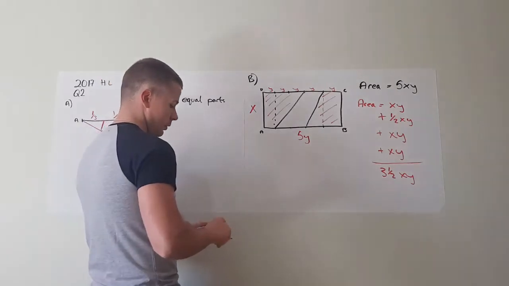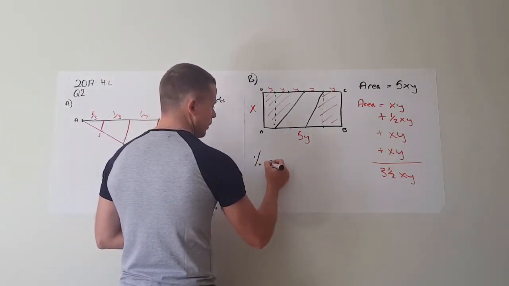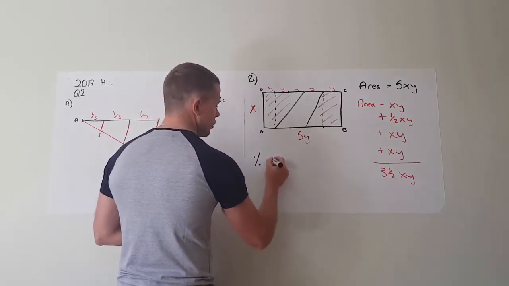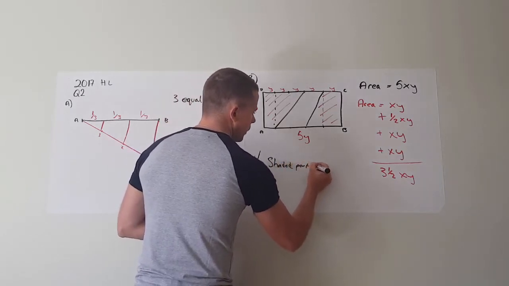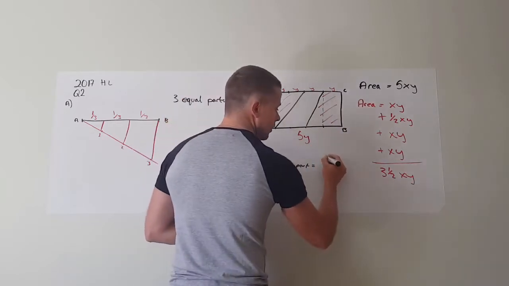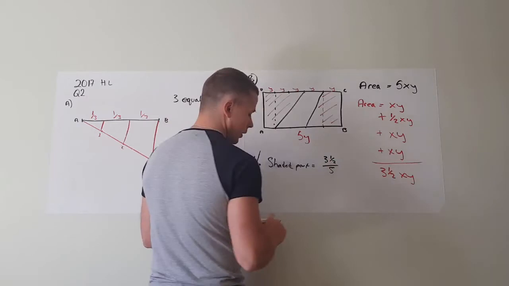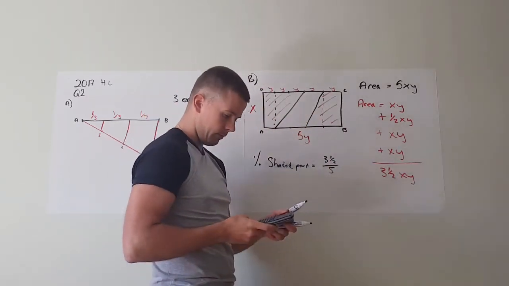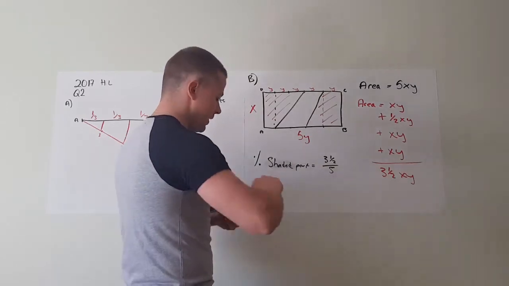So the percentage of the shaded part is equal to the shaded part all over the original. So 3.5 all over 5. Okay, and we're just into our calculators, which is 70%.